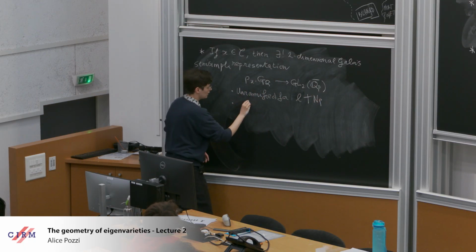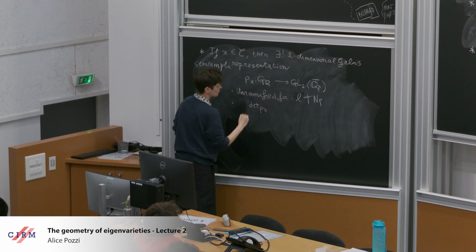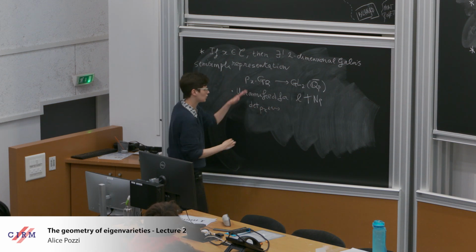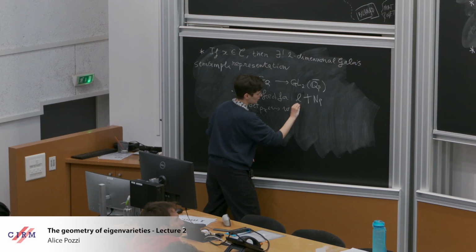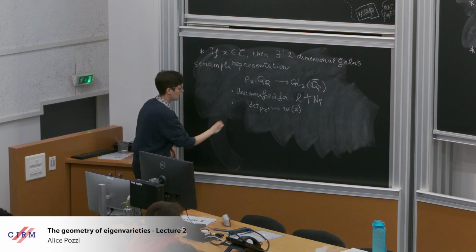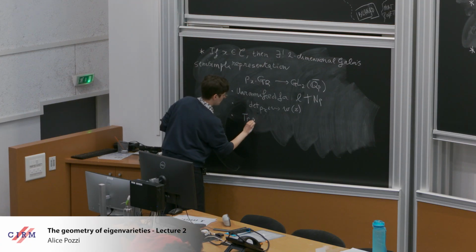And let's say the determinant of this representation is related to the weight of x and can be described explicitly. And let me say what the trace of this representation is.